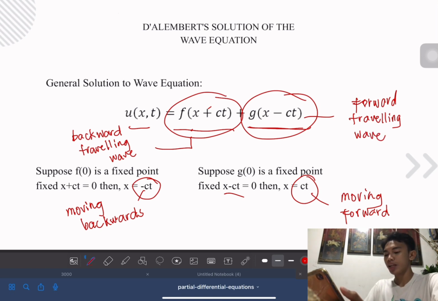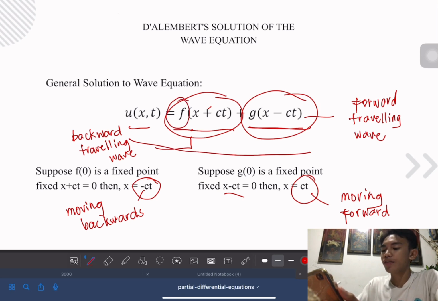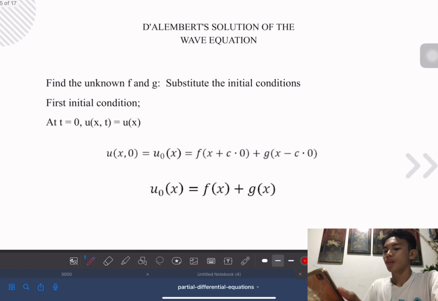Going back to the topic, by this general equation, we don't know the values of f and g. So we need to solve for them. To find the unknown f and g, we need to substitute the initial conditions into the general formula.